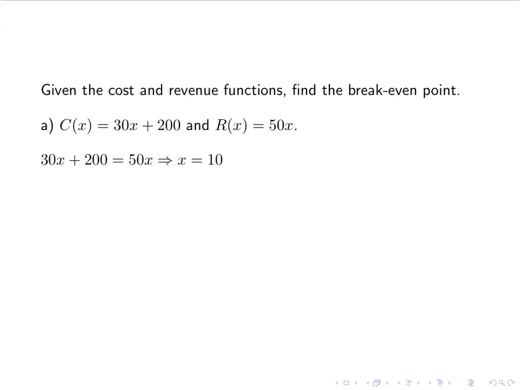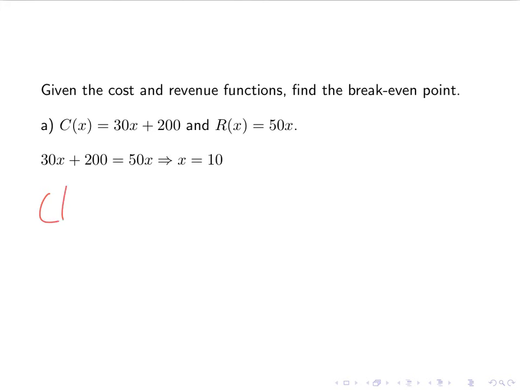So it's a point, so I need x, comma, and then either C or R, but remember the lovely part about the break-even point is that C equals R. So to find the second part of our point, I plug x into either C or R, and to check that I did it correctly, I can plug it into both and make sure I get the same thing.